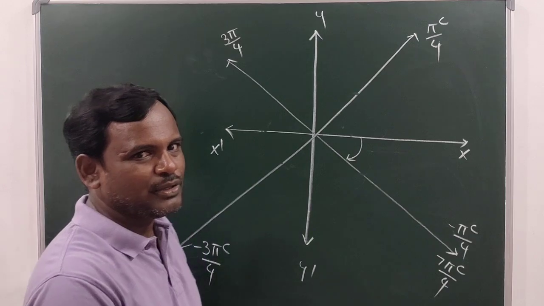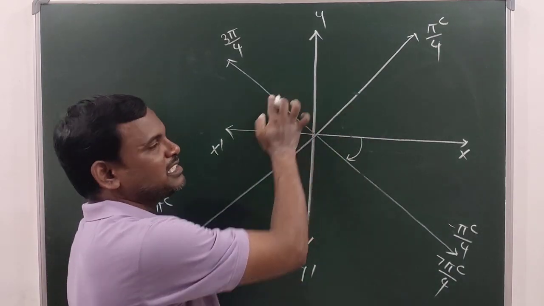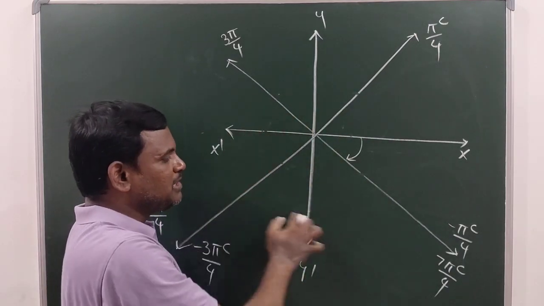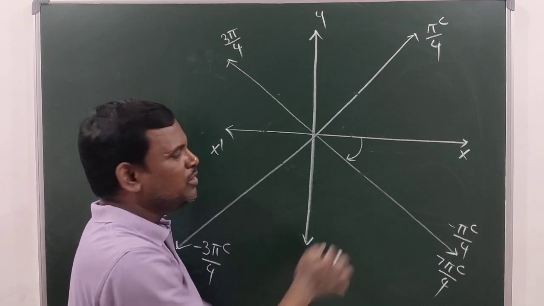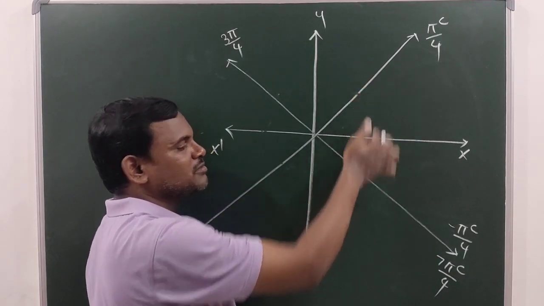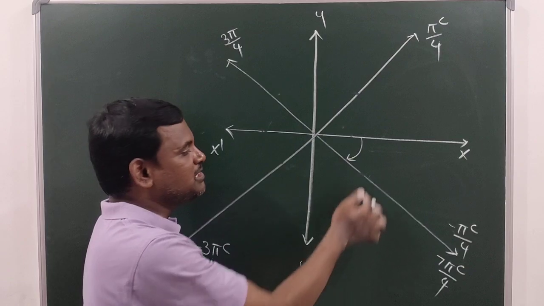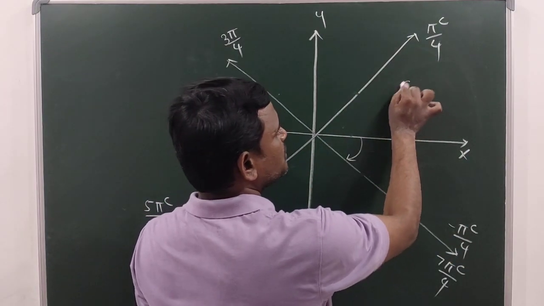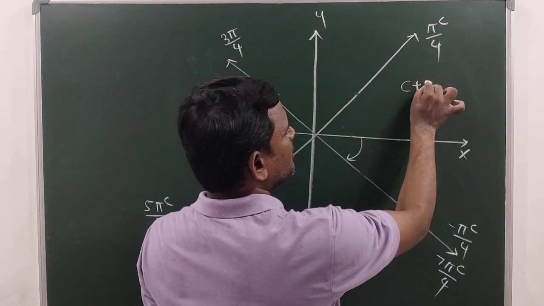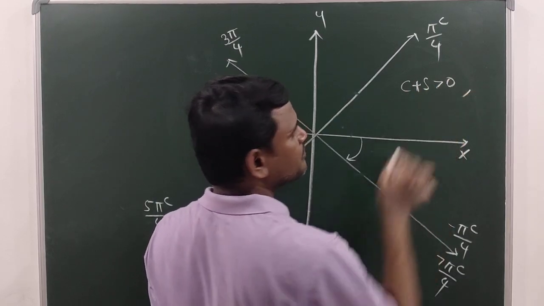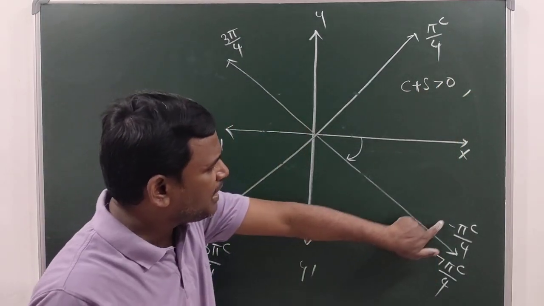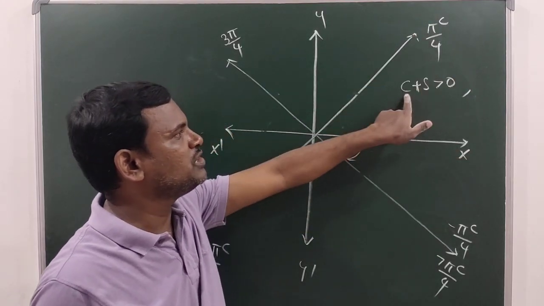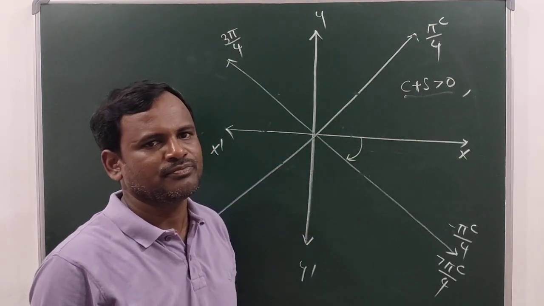I said to you, this side C plus S is positive, this side C plus S is negative, no? So the sign of C plus S from minus pi by 4 to 3 pi by 4 is positive.